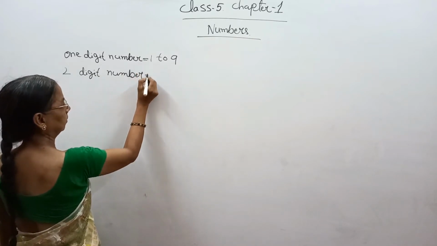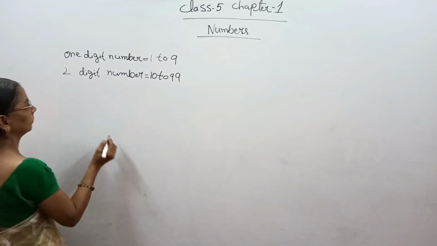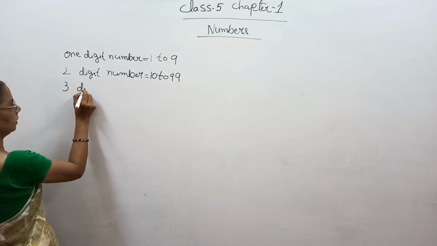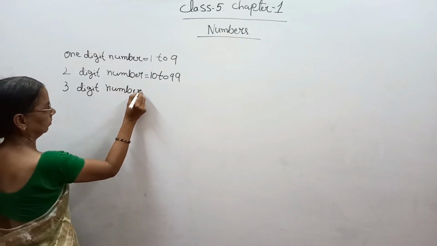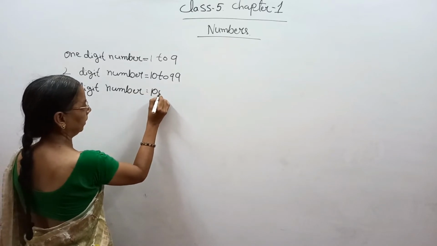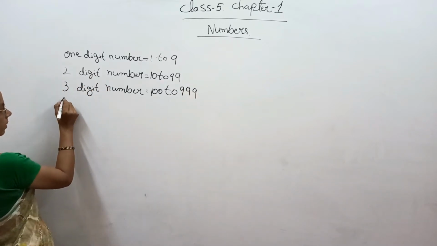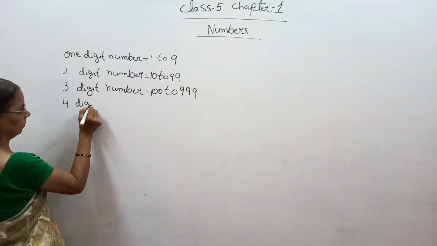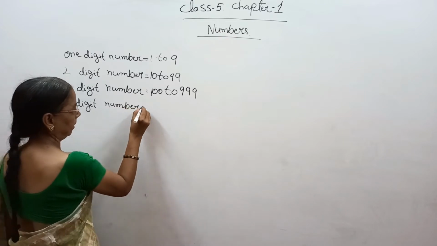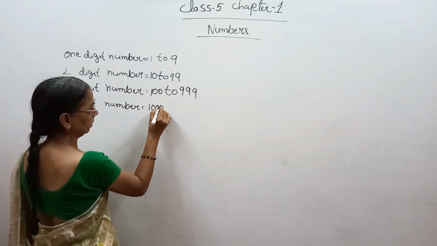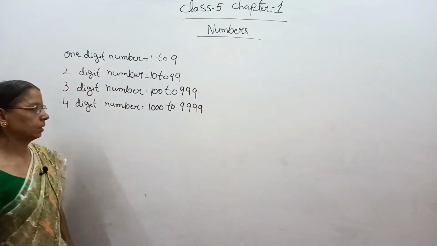that is 10 to 99, and a 3 digit number, that is 100 to 999, and a 4 digit number, that is 1000 to 9999.